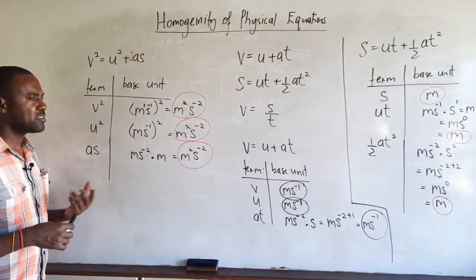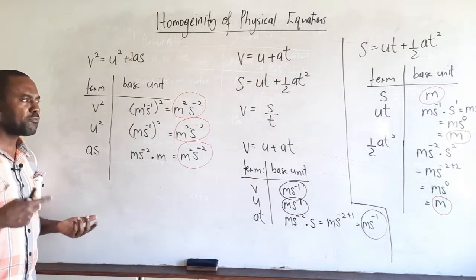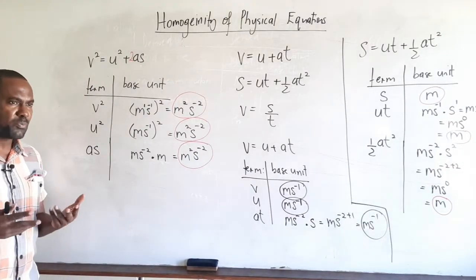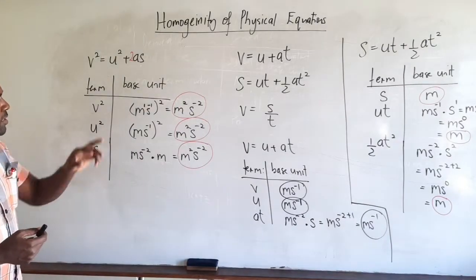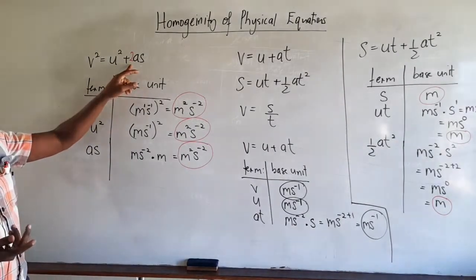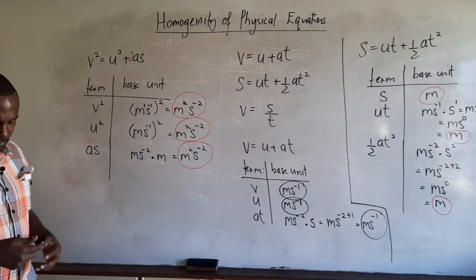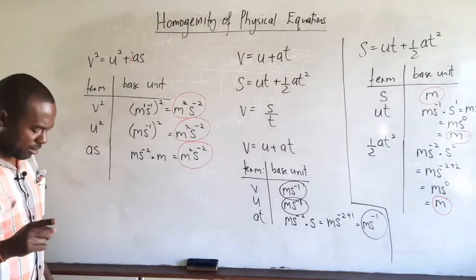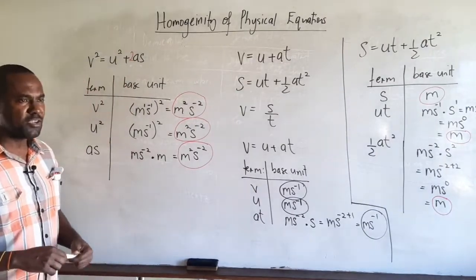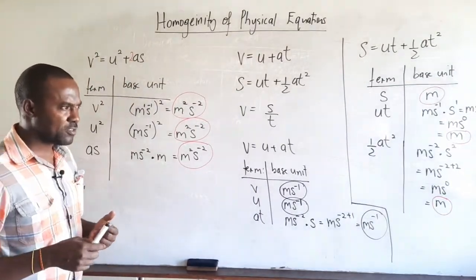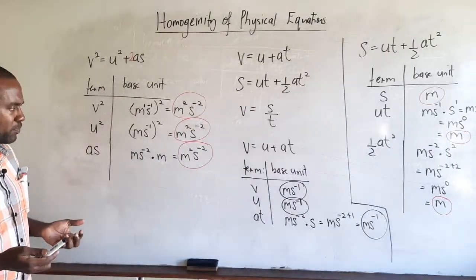If a certain number or just a multiplying factor is missing, then the method will not reveal it, because it will still show that the equation is homogeneous if all that is wrong about the equation is the omission or even the presence of a numerical factor which is not supposed to be there. The omission or even the presence of some numerical factor will not affect its homogeneity.